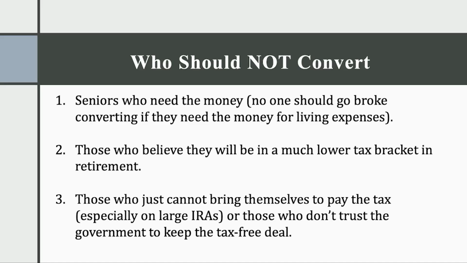Okay. Now, the other thing is that people who should not convert are those who have a charity named as an IRA beneficiary. Again, the charity will not have to pay the income tax when they inherit the IRA. So why should you want to pay the income tax on the Roth conversion? We talked about in the RMD podcast, the last one we just did, about QCDs, qualified charitable distributions.